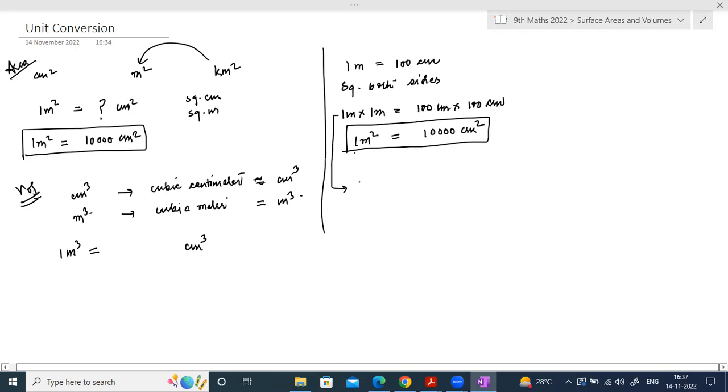Multiply by 1 meter once more. Okay, sir. How much will it become? It will become 100 cubed, centimeter cube. So 1 meter cube will be 10 to the power 6 centimeter cube.